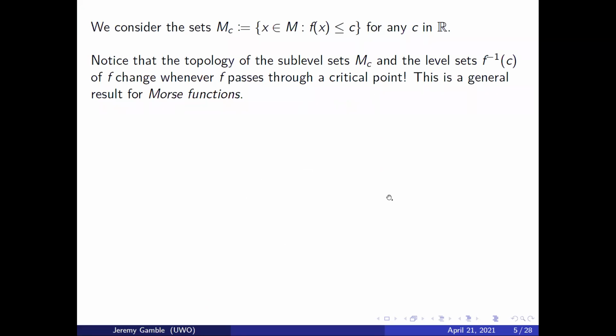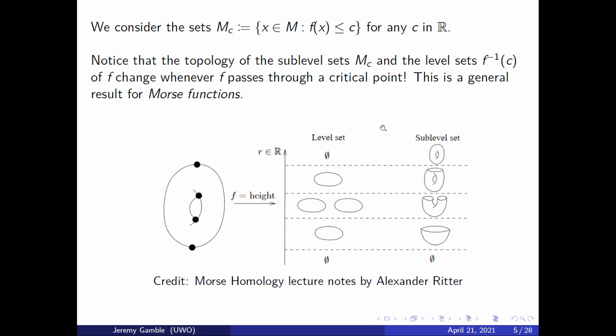So you can consider these sublevel sets and level sets. These are just basically all the points in the manifold for which the function is below a certain value or equal to a certain value. And what you can see is that every time you pass through a critical point, the topology of these level sets and sublevel sets changes.